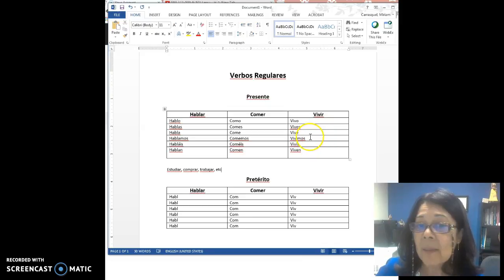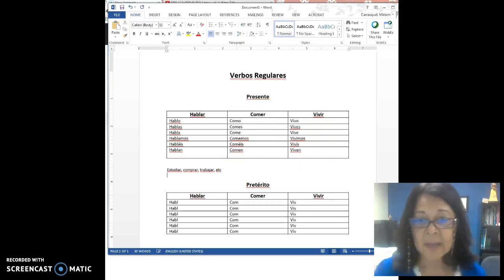Therefore, we say vivimos. Okay? Also, in the vosotros form, coméis because it is an ER ending, and vivís because it is an IR ending. Therefore, when we get to ellos, we go back to the same, comen and viven. All right? So with some minor differences, they are almost identical, right?